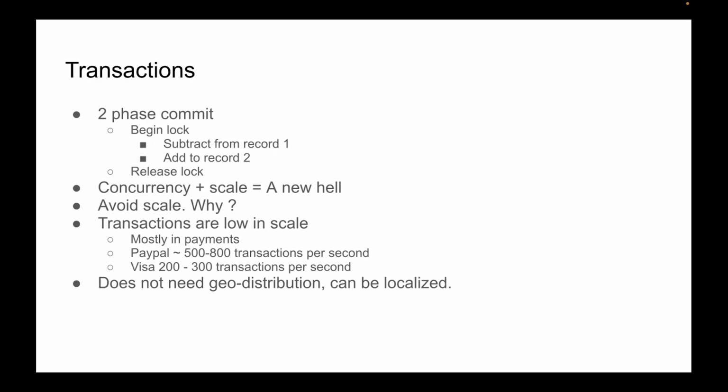And these transactions don't have to be distributed, they are localized. So for the entire population of India or US, I will have 10 such setups, and I will break my traffic into 10 distinct regions, and I will handle all these transactions locally.